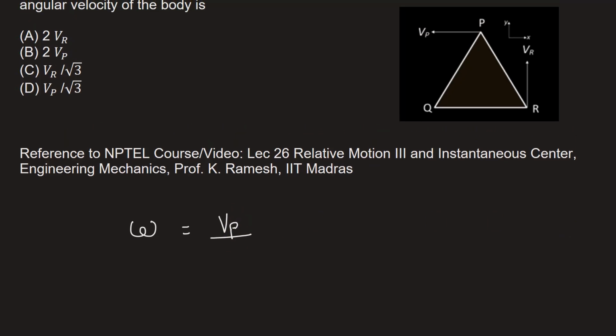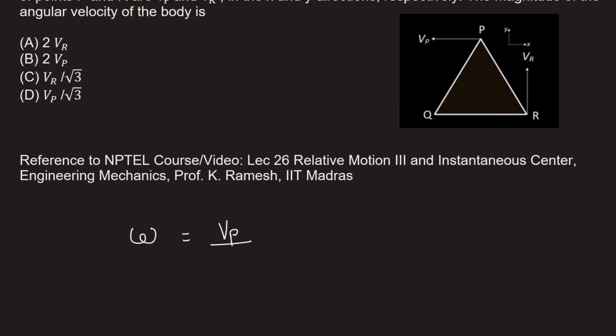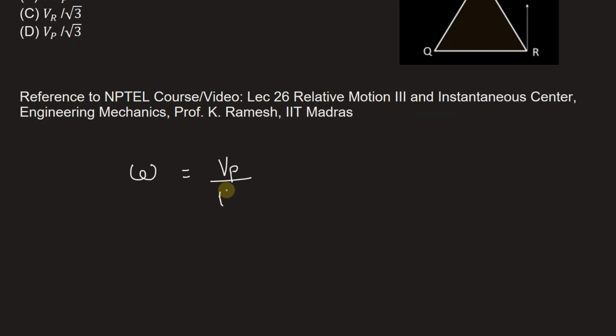So if we say the instantaneous center is I, it will be Vp upon PI. The angular velocity omega is also equal to Vr, the magnitude of velocity of point R, divided by the distance between R and I, that is RI. So in order to find these distances, we'll first have to locate the instantaneous center, and we will start by understanding what the instantaneous center is.